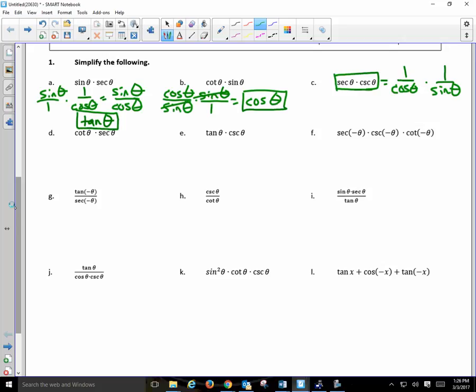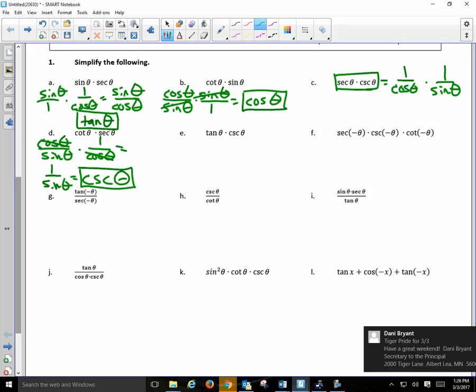Cotangent times secant. Cosine over sine times one over sine, which is cosecant. And please make sure you put the variable in there. Make sure you write theta or x or t or whatever it is.